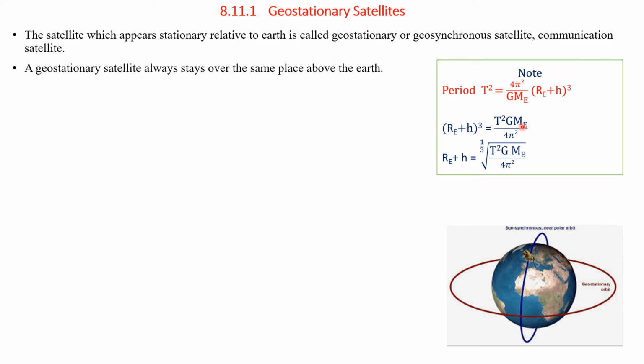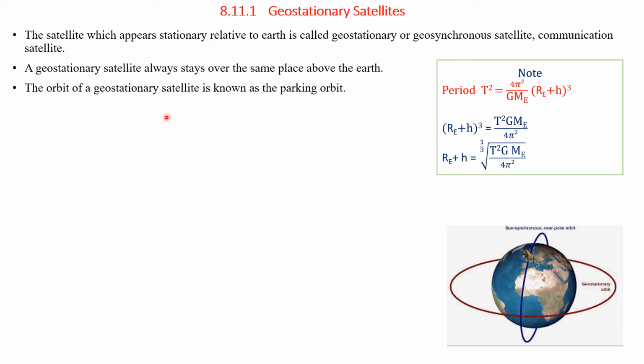Hence, a geostationary satellite always stays over the same place above the Earth. Please see the figure below. This horizontal brown colored orbit is the geostationary orbit, in the plane of the equatorial orbit.